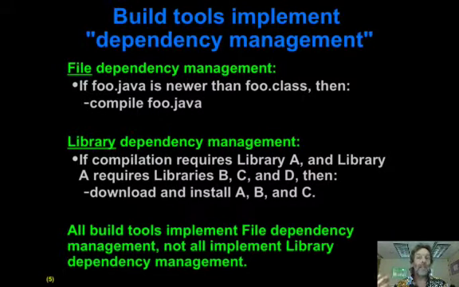If the binary is newer than the source code, then you don't have to compile it, and so you can save a lot of time when doing the build, just with that simple notion that we don't need to recompile everything. We just need to recompile the pieces that have changed.